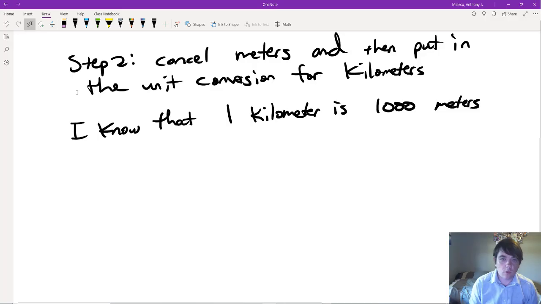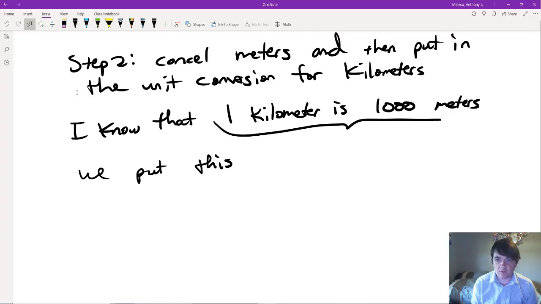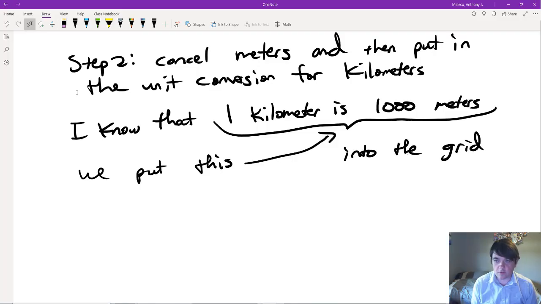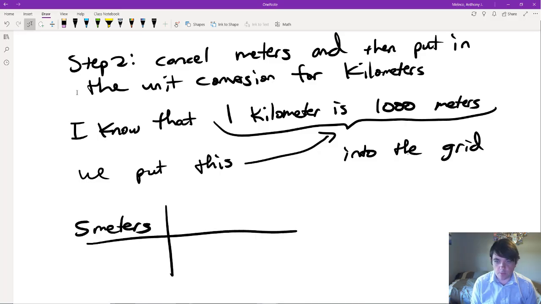So we put this into the grid. We have 5 meters, and we need to cancel meters, so we'll put meters down here. And we put that unit conversion here: 1,000 meters on the bottom, 1 kilometer on the top.